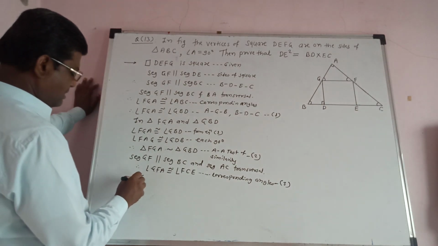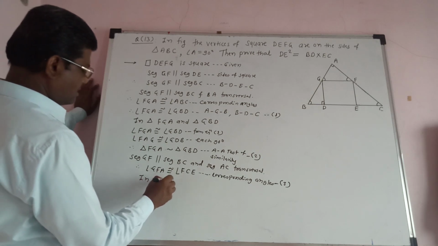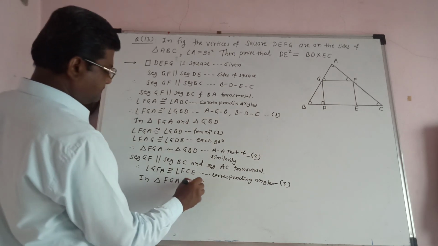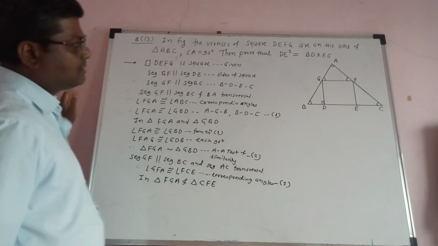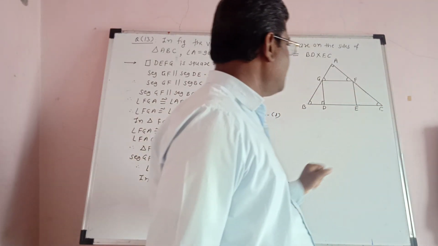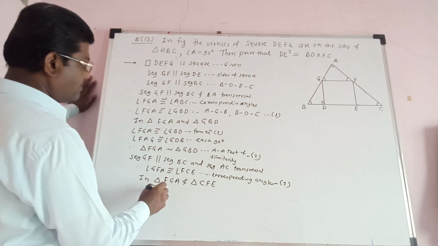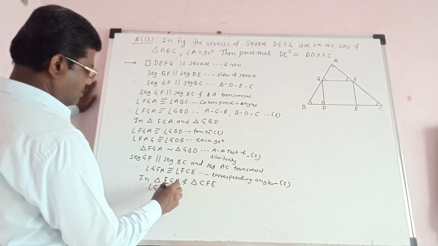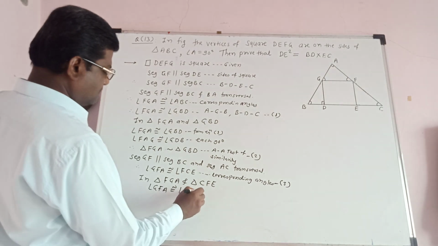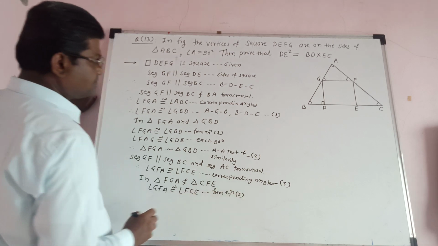Now consider triangle FGA and triangle CFE. Angle GFA is congruent to angle FCE from equation 3.